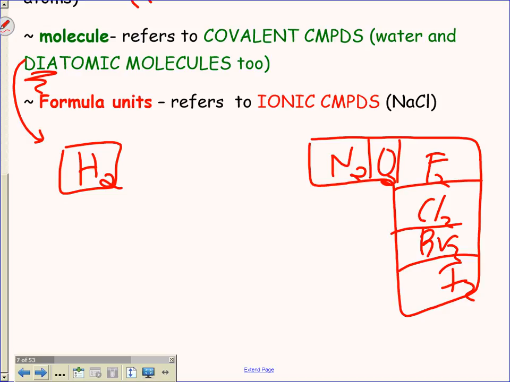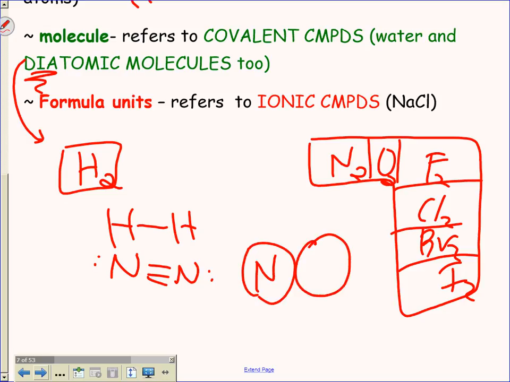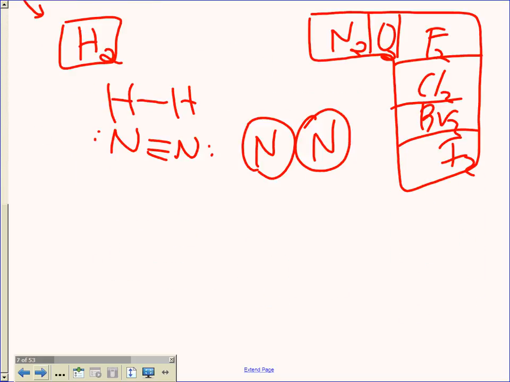So, since you guys have already drawn this, speaking of our bonding stuff from last week, you can think about this as a hydrogen bonded to a hydrogen, or a nitrogen that has a triple bond bonded to a nitrogen. So we know what they look like, we just have never written them out like this before. And so this actually means 1 nitrogen atom bonded to another nitrogen atom. So what I can say is, within this compound, I have 1 molecule. Why am I saying molecule?